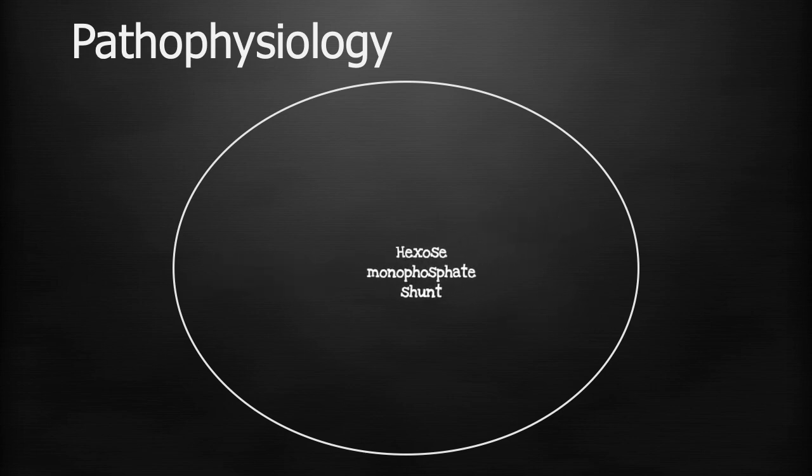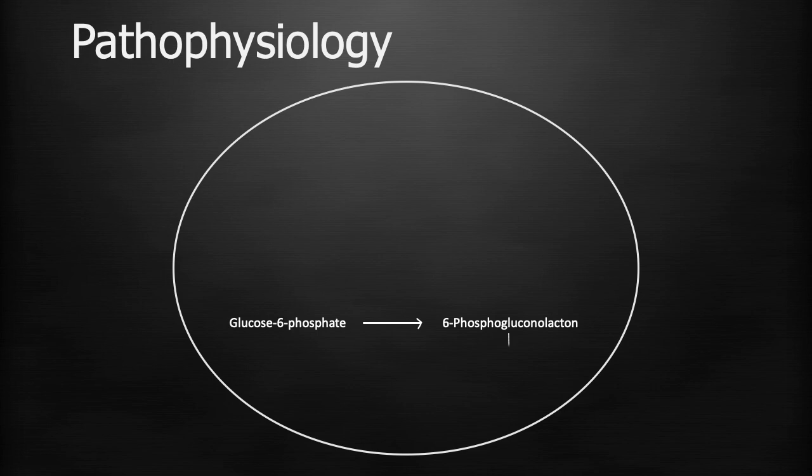Let's take a deeper look at how G6PD affects the hexose monophosphate shunt. G6PD is the catalyst in the rate-limiting first step of the pentose phosphate pathway, which uses glucose-6-phosphate to convert nicotinamide adenine dinucleotide phosphate, NADP, into its reduced form, NADPH. In red blood cells, NADPH is critical in preventing damage to cellular structures caused by oxygen free radicals, for example, hydrogen peroxide.